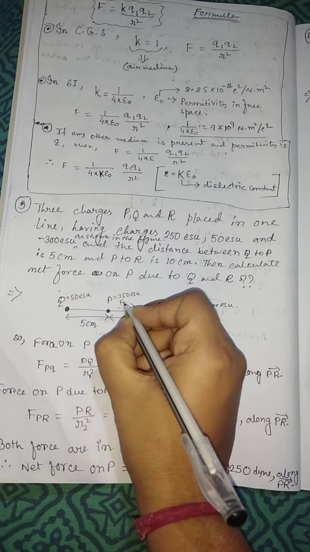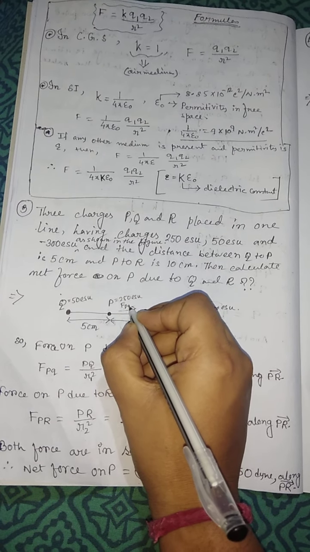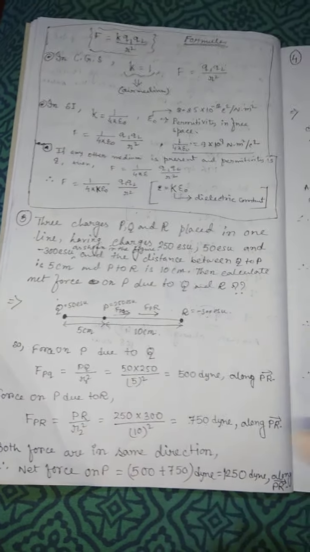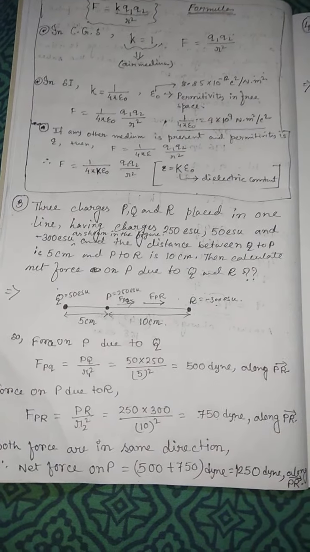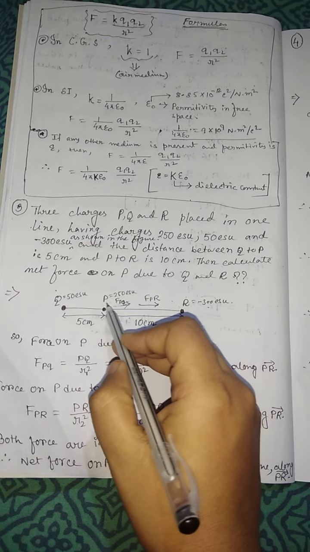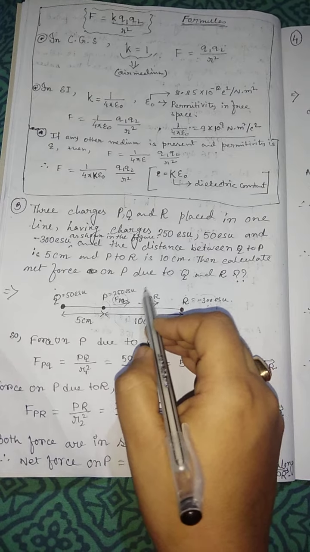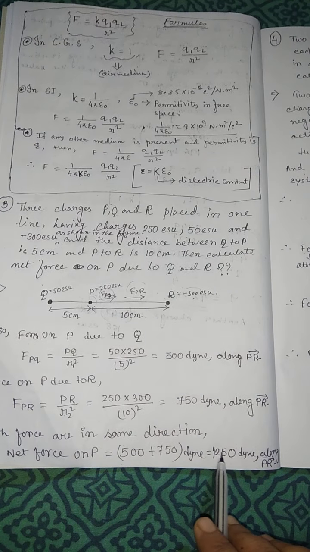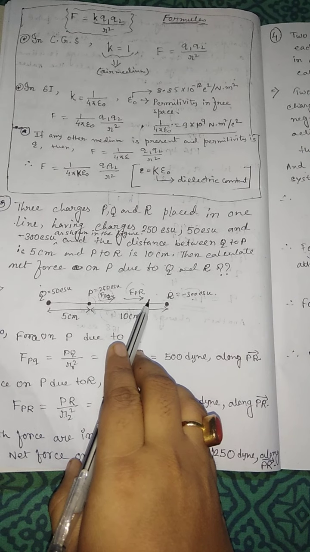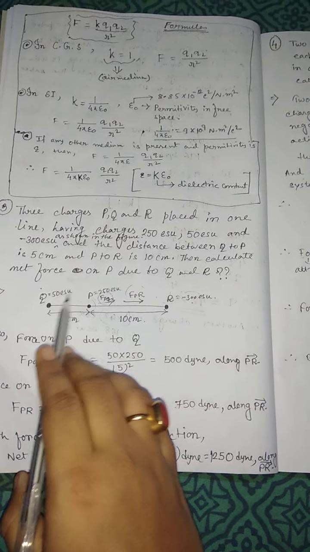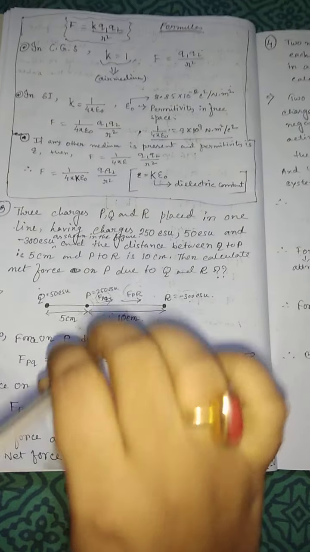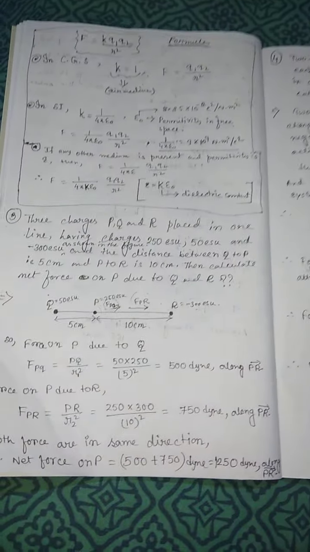This is FPQ and this is FPR, so both directions are the same. That's why, for the net force acting on P, we add these two forces, so we get 1250 dyne along PR. Because the separate forces acting on P due to Q and due to R are in the same direction, we add them up.